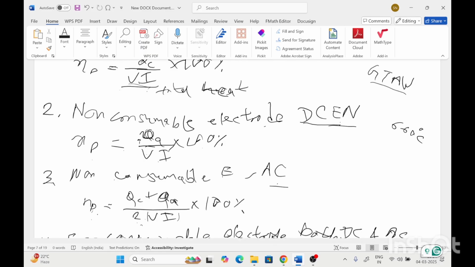In the next half cycle, the electrode will be negative, so electrons are coming from the electrode to the workpiece. The electrons are light and can attain a very high temperature, so they are able to transfer heat more efficiently.